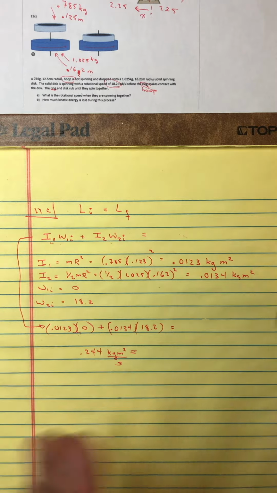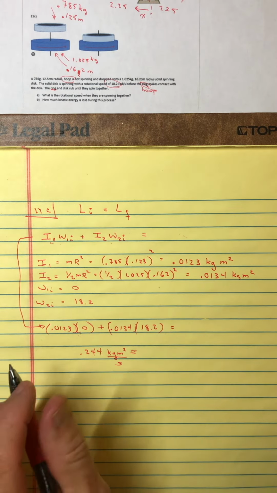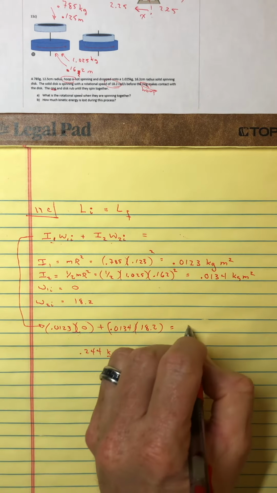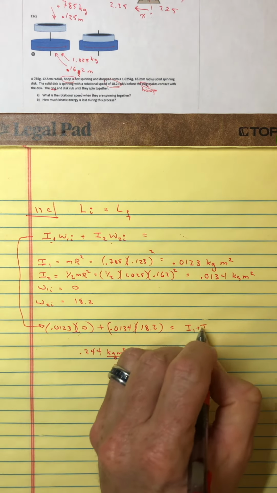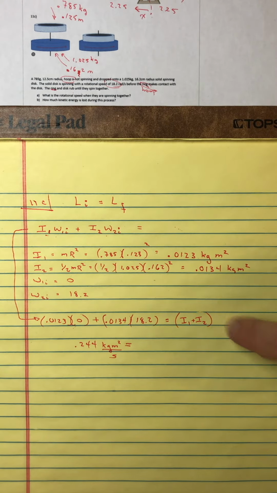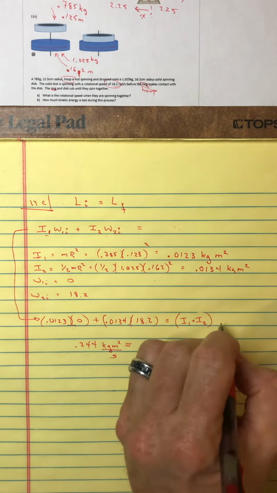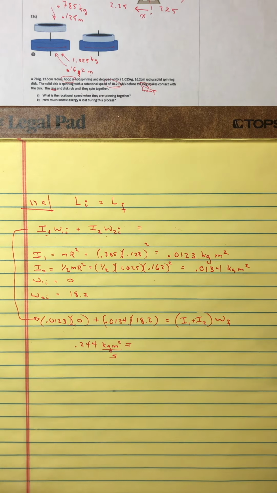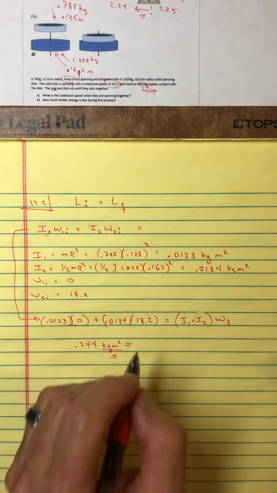So as they are spinning together, we on the other side here might call this one object. So we would say that the total rotational inertia is just the two added together, and they would just have one final speed.